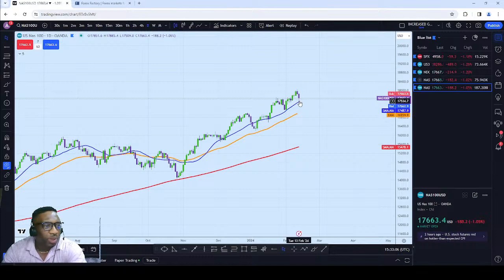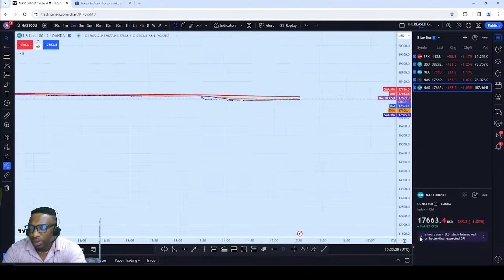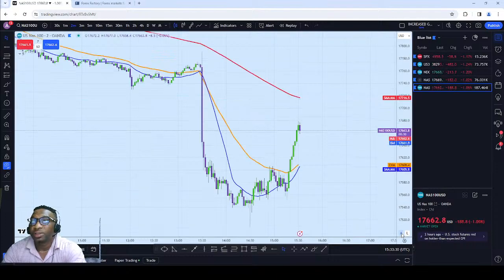So we'll see what happens from here. But we will not be in a rush to get into it. At the moment the momentum going up is still high, even though it's in a wide state. So we'll look out and see what better opportunity we can take advantage of.